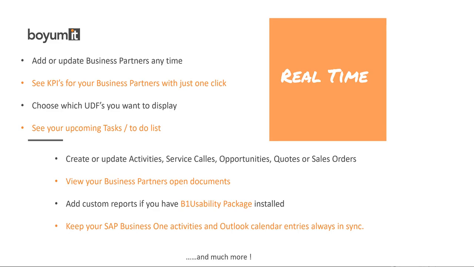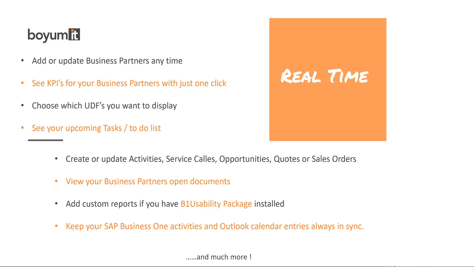And it also happens the other way around. If anybody puts a document, a sales order, activity, quote, or invoice into SAP Business One, the document will show up in CRM for Outlook right away as an open document.